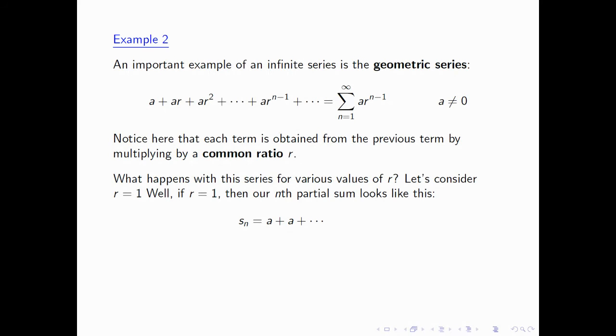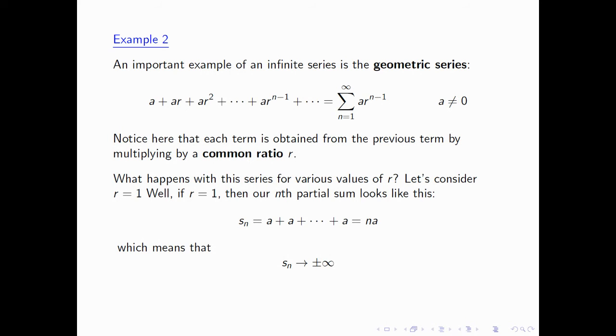And in fact, r is 1, so all of the terms will be a. And so I've got n terms for the partial sum Sn, and so Sn must be n times a. And now remember, we're interested in the limit. And so when we take the limit of Sn, it either goes to plus infinity or minus infinity.